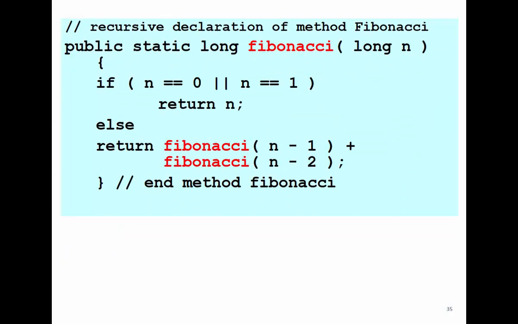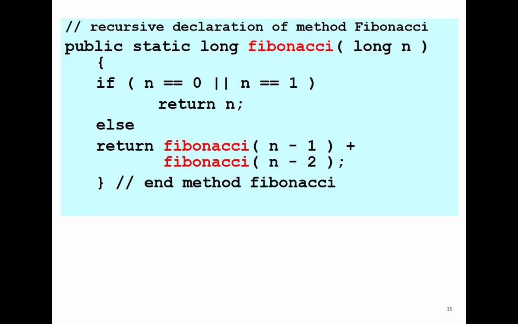If we would like to define it as a recursive method, we look at the mathematical definition of the Fibonacci number, and we match it exactly the same. So if n is equal to 1 or n is equal to 0, we're going to return n, because Fibonacci of 0 is equal to 0, and Fibonacci of 1 is equal to 1. Otherwise, we're going to do two recursive calls.